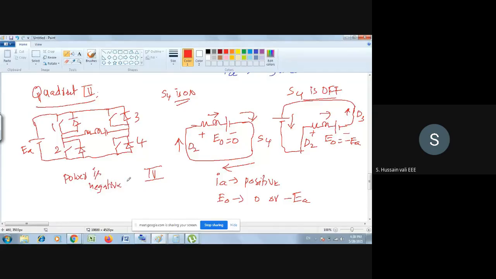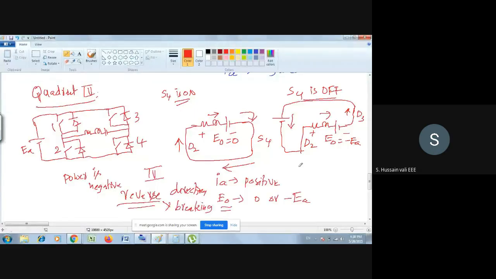Power is negative and IA is positive, whereas your output voltage is negative. So you are reversing the terminals of your armature. When you reverse the terminals of the armature, obviously it flows in the reverse direction, so the wheels will run in the reverse direction, and the power is negative. It means reverse braking.